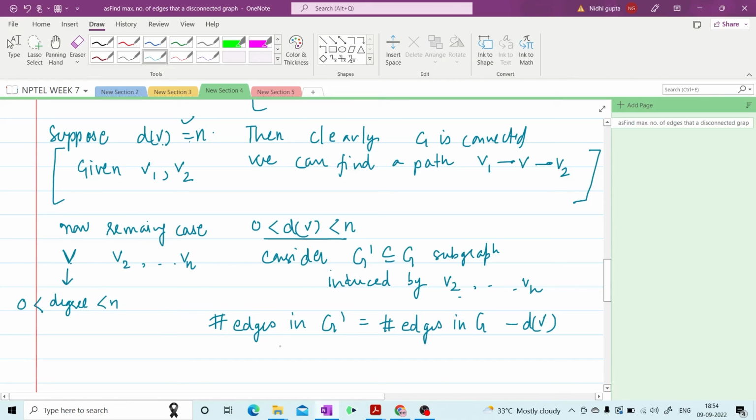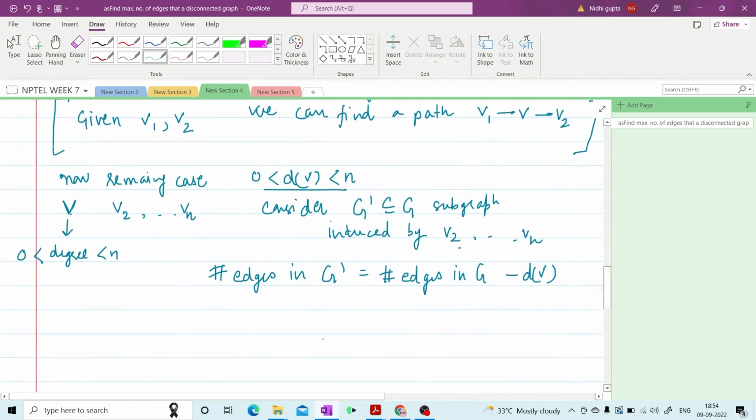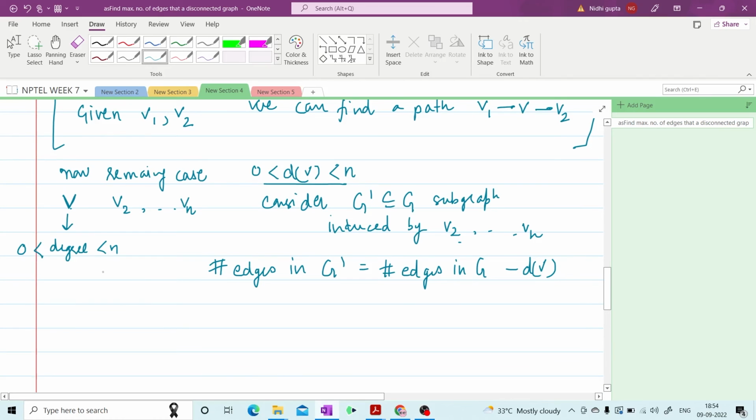So we see that the number of edges in G dash is this, and the degree of V is less than n. So the number of edges in G was given to be n choose 2 minus 1, and the degree of V is less than n, so minus dV is strictly greater than minus n.